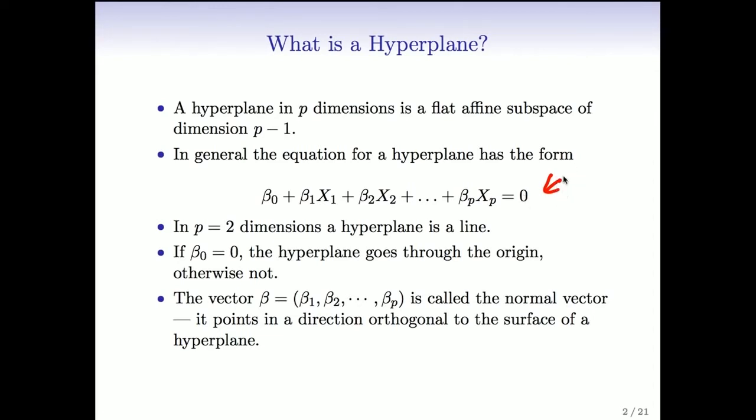It's called a linear function. In 2 dimensions, a hyperplane will be a line, and that's the one I'll demonstrate in the next slide. If beta 0, which is called the intercept, is 0, then the hyperplane goes through the origin, otherwise it doesn't. And the vector beta 1 through beta p, excluding beta 0, is called the normal vector. It points in a direction orthogonal to the surface of the hyperplane.